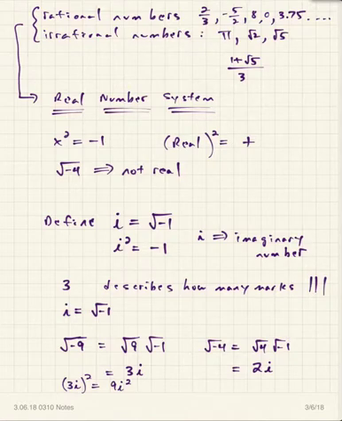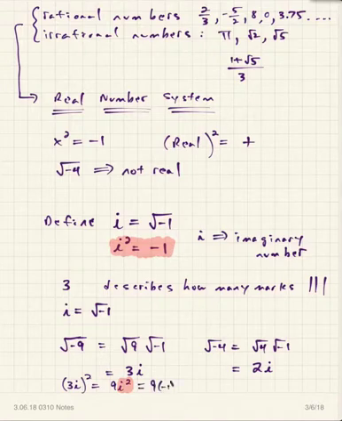But don't forget what i squared is equal to. i squared and -1 mean the same thing. And so whenever I see an i squared, I can replace it with -1. So this is 9 times -1, or -9. So notice 3i is a number that has the property that when you square it, you get -9.